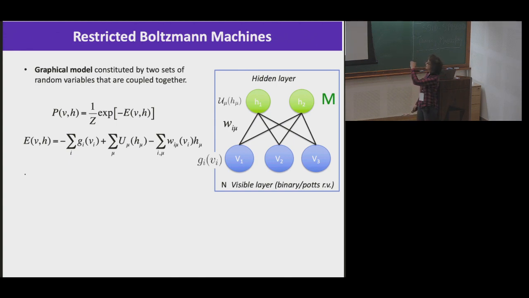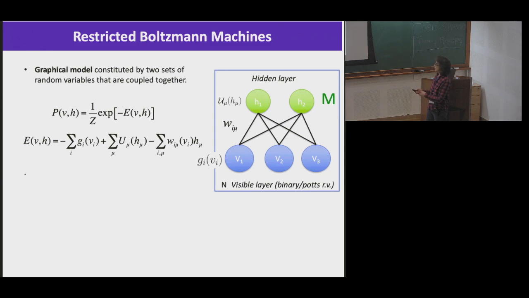So it is a bipartite graph with a layer of visible units. These visible units can be, for example, binary in the case of images of digits. And they can be Potts variables, where each variable takes one of the 21 possible letters corresponding to the amino acids, in the case of protein sequence data.